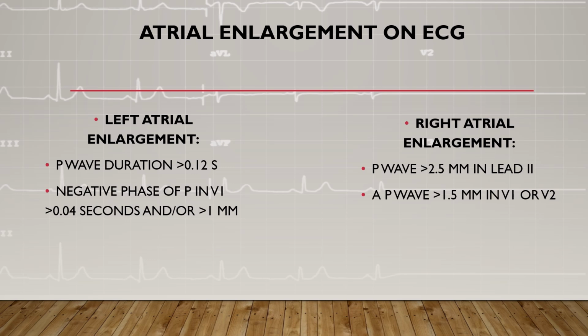Right atrial enlargement, or P pulmonale, will have a P wave amplitude of more than 2.5 millimeters in lead 2, and an amplitude of more than 1.5 millimeters in the right precordial leads, such as V1 and V2.